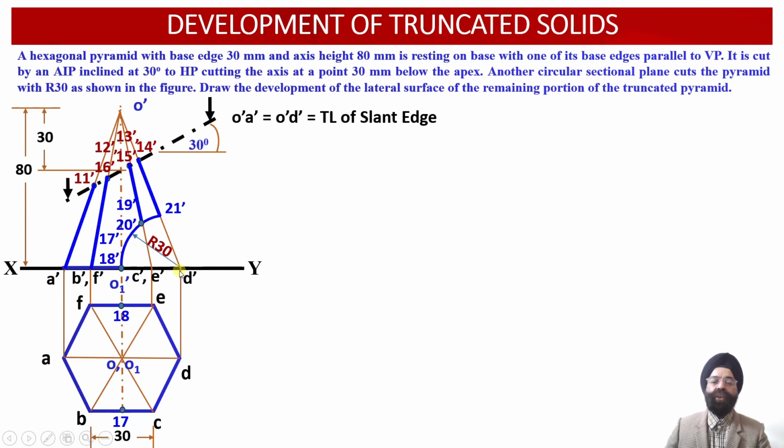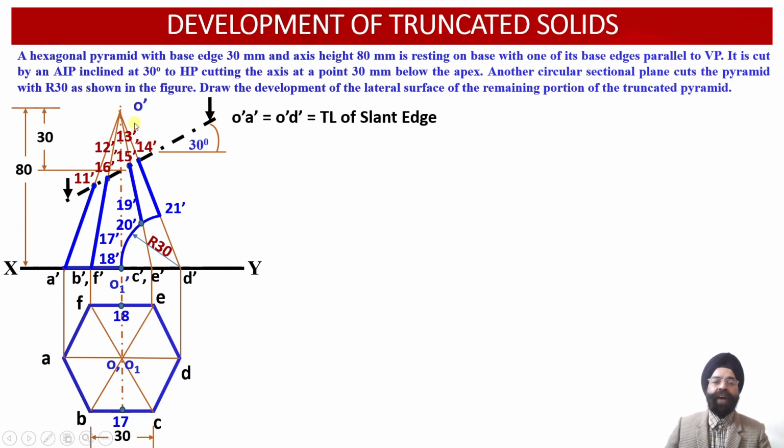We know that all the slant edges measure the same length. So the true length of the slant edge of the hexagonal pyramid has been obtained as O dash A dash and O dash D dash, whereas the remaining 4 slant edges, that is O dash B dash, O dash C dash, O dash E dash, are represented as apparent lengths in the front view projections.